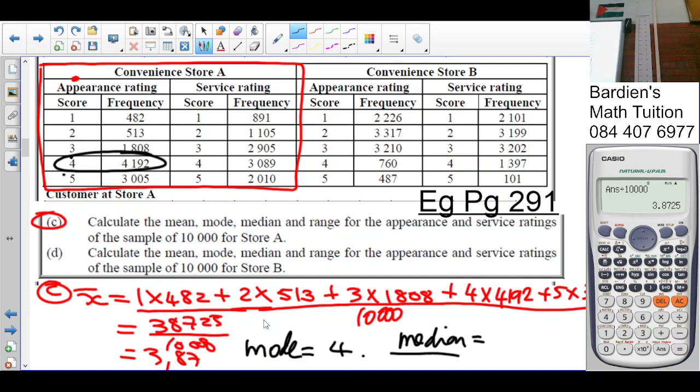So the person standing at 5,000 and 5,001. Those 2 people are in the middle. Not so? So if we now consider all the ones, how many people have I considered thus far? We have only considered 482 people, not so?